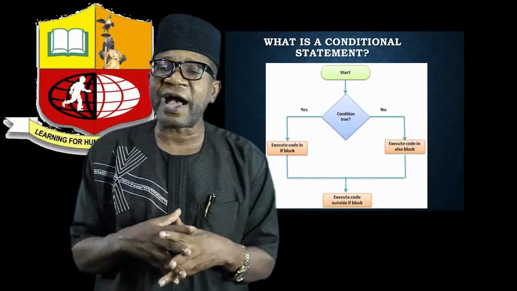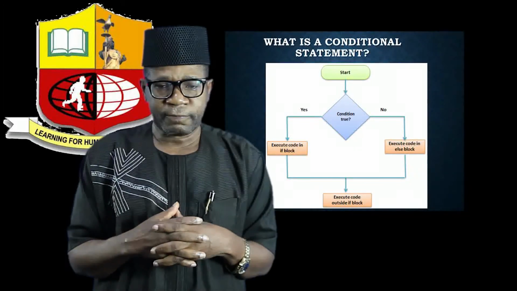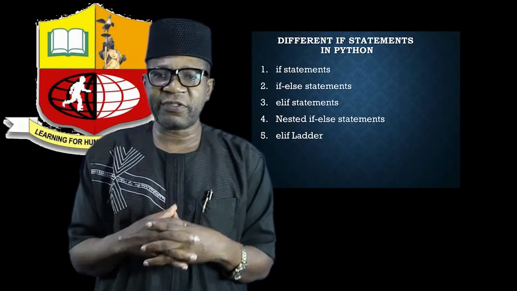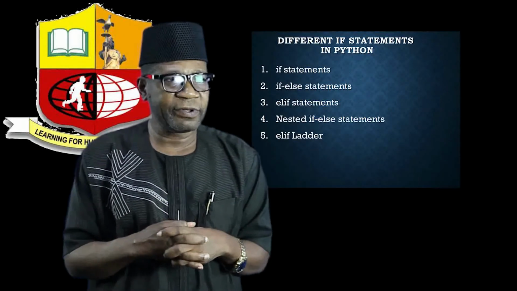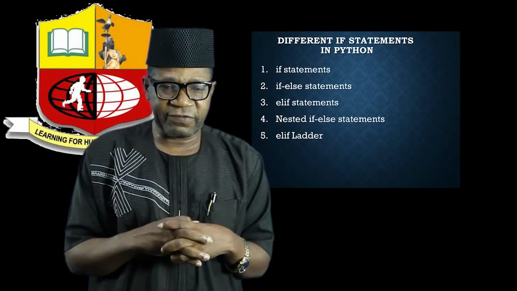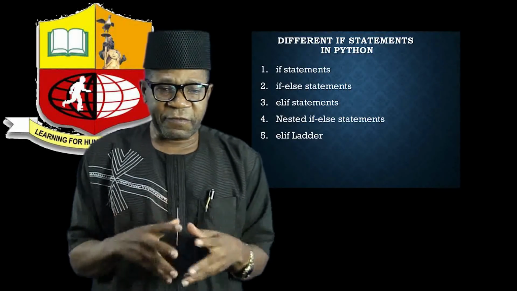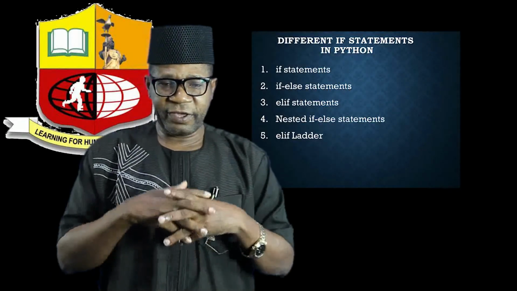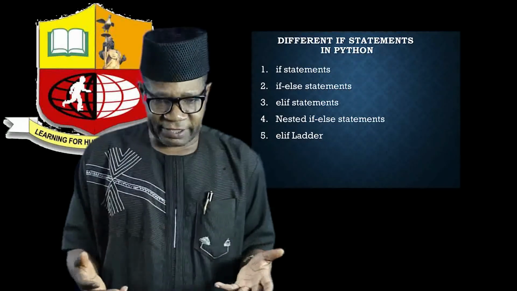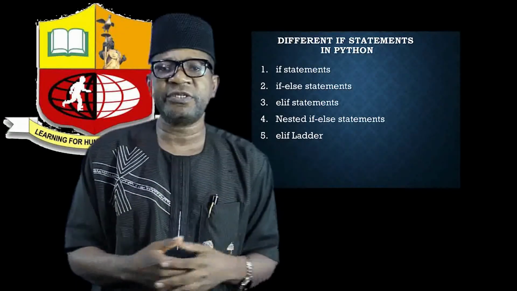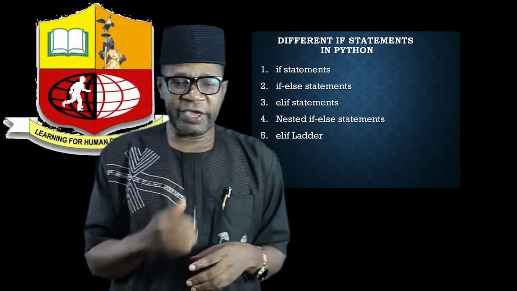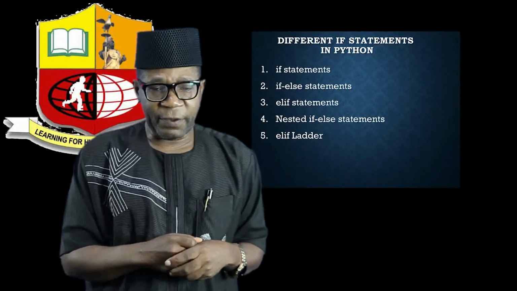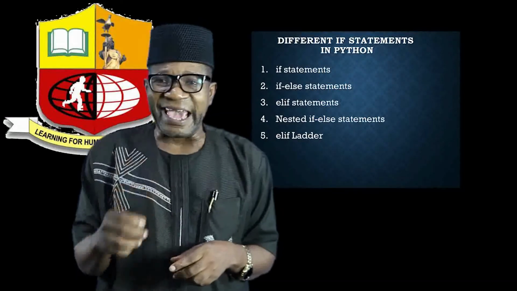Now there are 5 different types of if statements in Python. The first one, you can just call ordinary if statement, but we call it if statement. Number 2, if else statement. Number 3, elif.